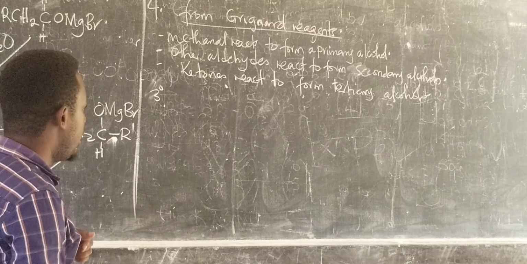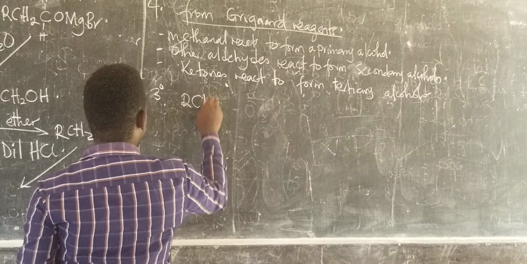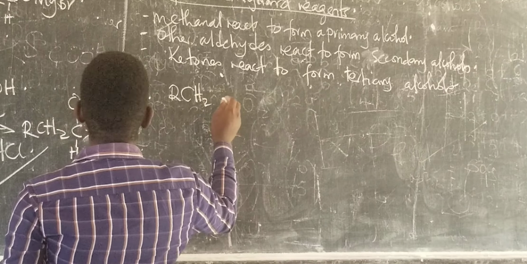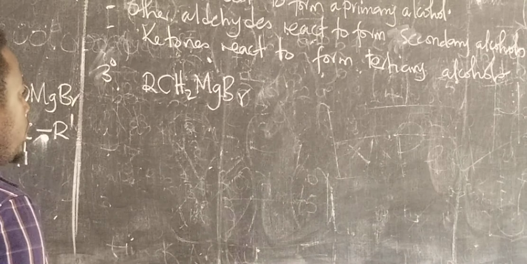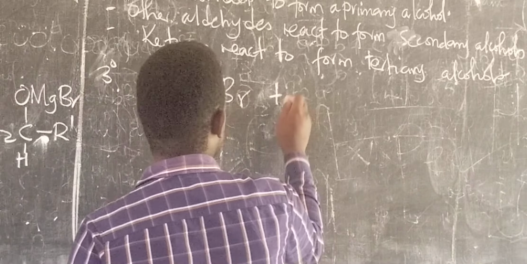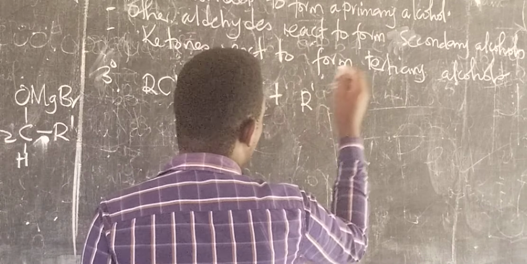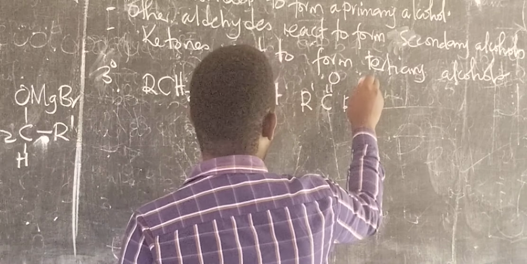Let me write it here. We are still going to use the same Grignard reagent, RCH2 MgBr. Plus, I can use the ketone R prime, C double bond O, then R double prime.